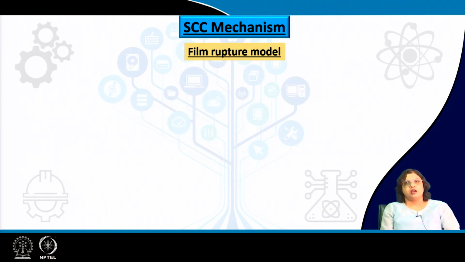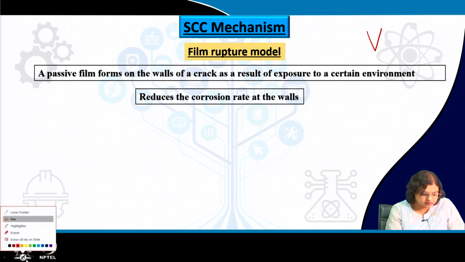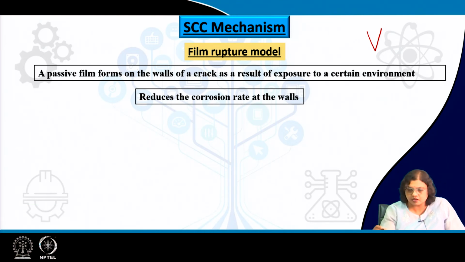So, let us look into what is actually happening, what is the exact mechanism for stress corrosion cracking. What typically happens is that a passive film forms on the wall of the crack, as we have seen. If there is a crack here, the passive oxide film forms at the crack surfaces.